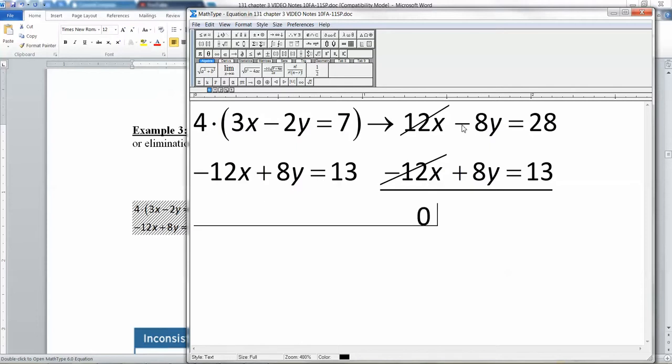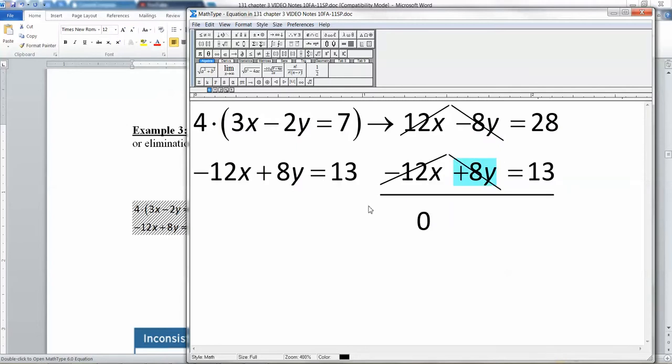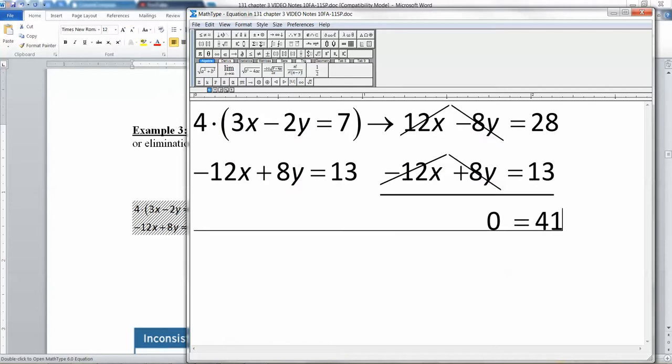But then negative 8y plus 8y is also gone because negative 8y add 8y also makes 0. So I'm left on the left-hand side with 0. On the right-hand side, I've got equals 41.